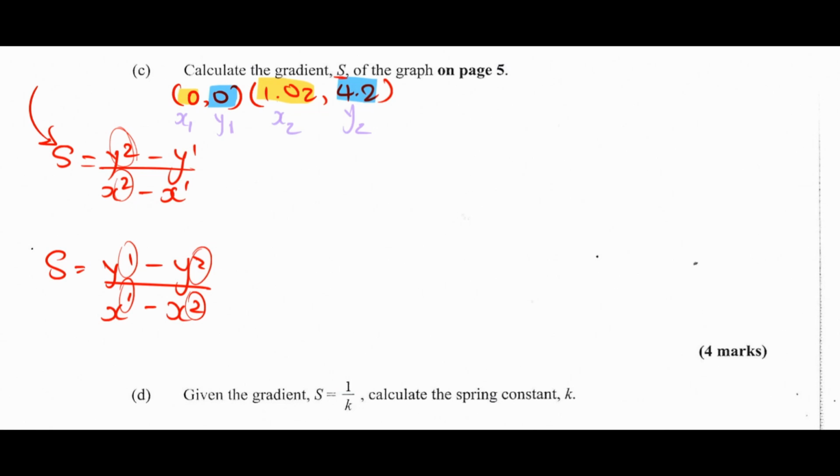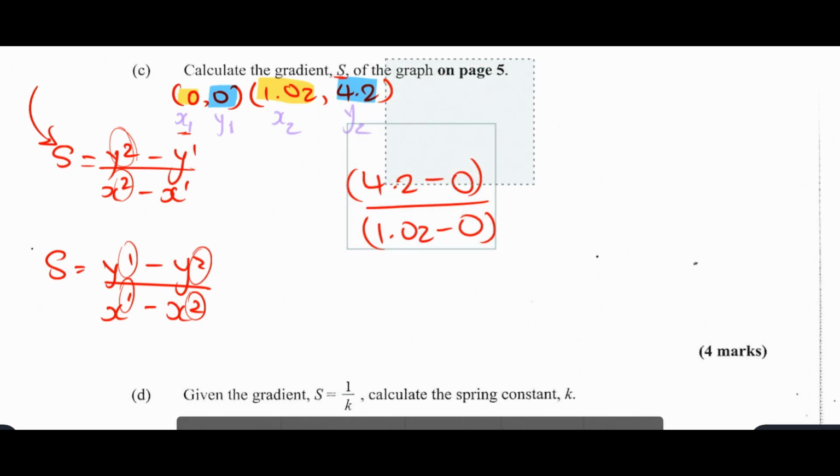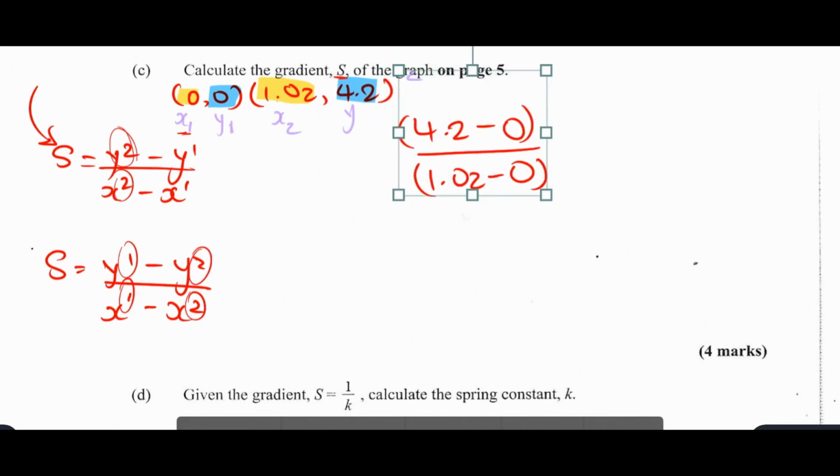So my y2 value is 4.2 minus my y1 value, which is 0. My x2 value is 1.02 minus my x1 value, which is 0. Let me move this up a bit because it's looking messy.